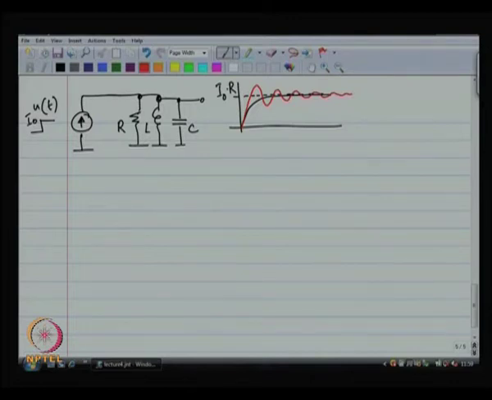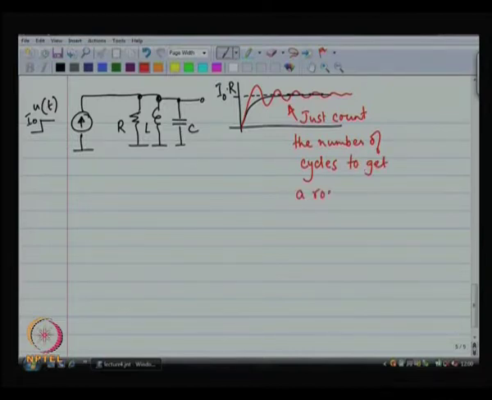So, I can estimate, off the back of my head, that most probably this network has a quality factor of 6. All right. So, this is observation number 2.